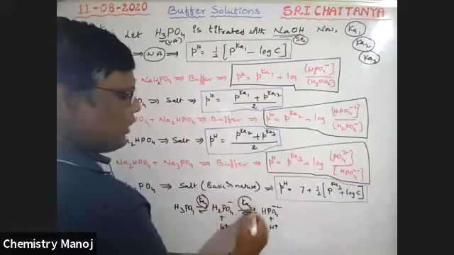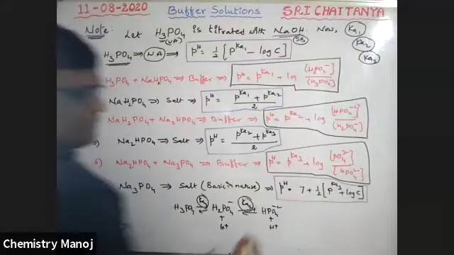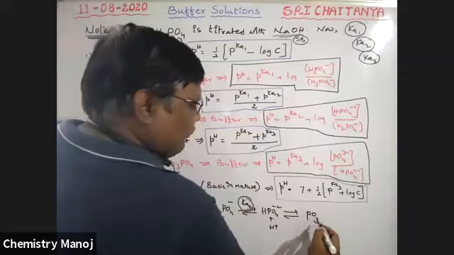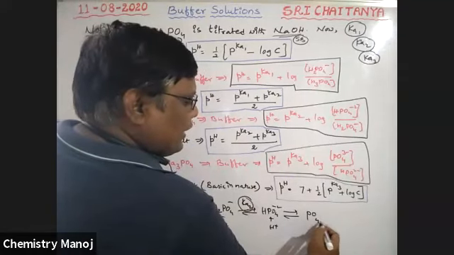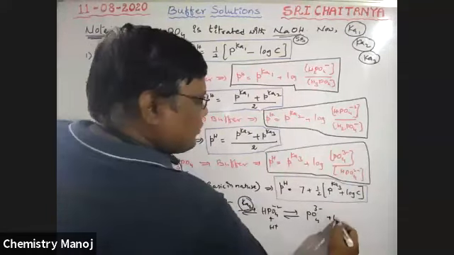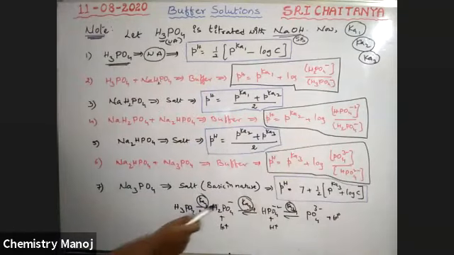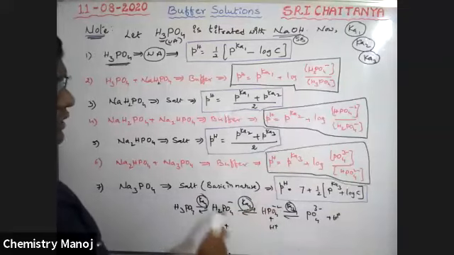This is Ka2, the second case. Next, this HPO4 2 minus once again breaks down into PO4 3 minus, and once again H plus comes out. It is Ka3. So these are the dissociations.